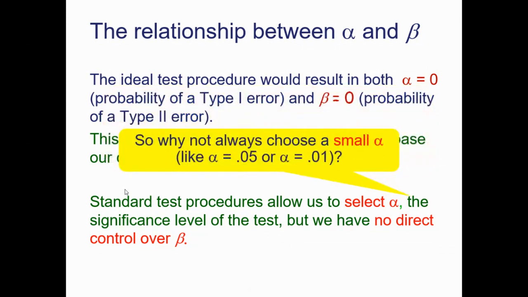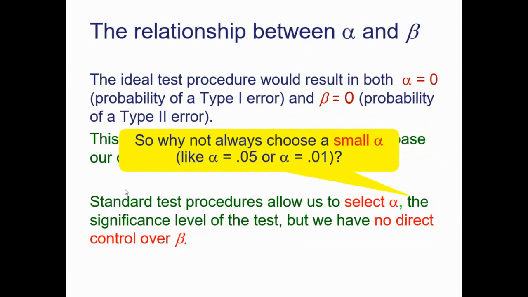So if we can control alpha, why don't we just choose a really small alpha, and then we're less likely to create a type 1 error? Because isn't 1 out of 100 better than 5 out of 100?